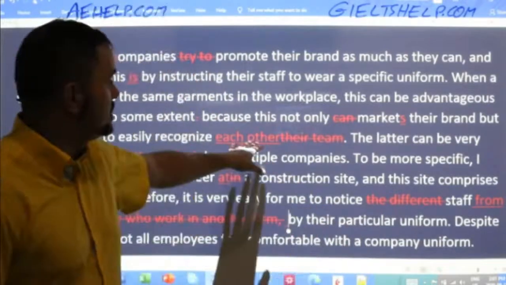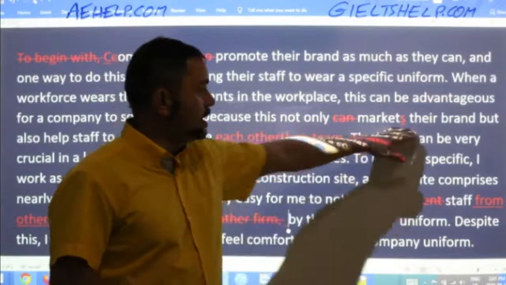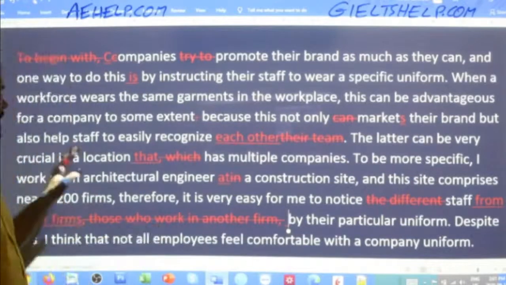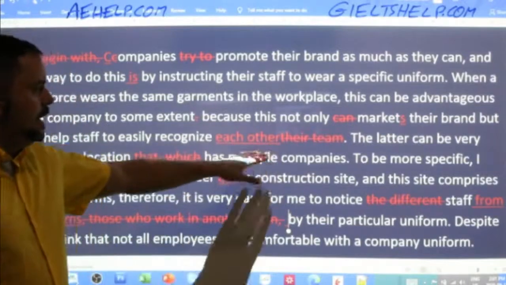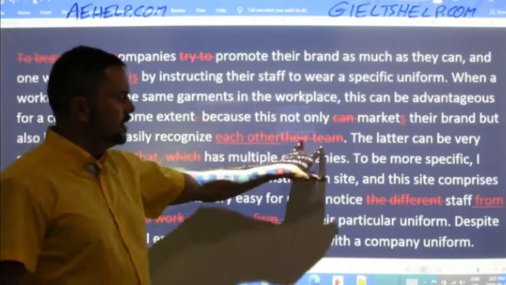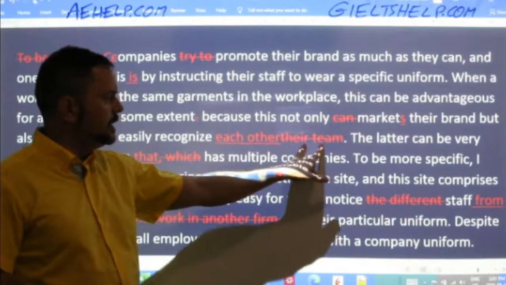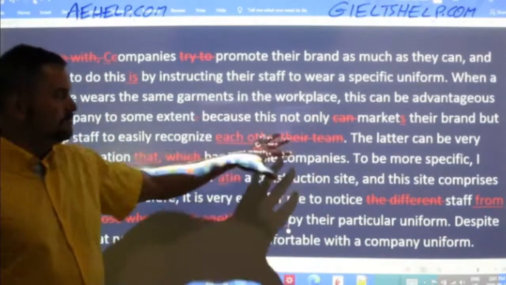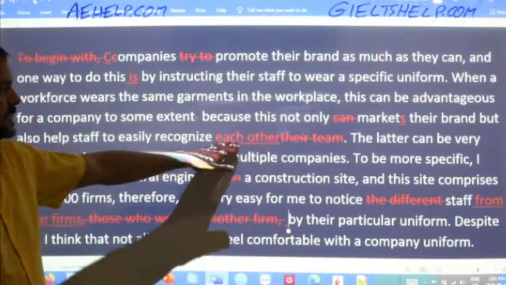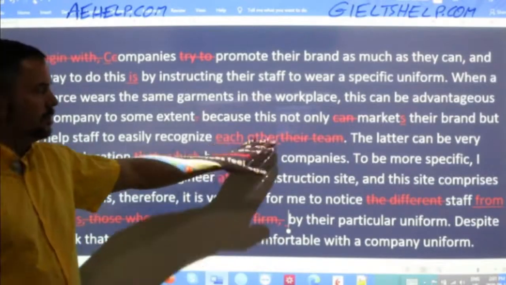So this not only markets their brand, but also helps staff to easily recognize each other. Okay. "Their team," I think, is a little bit awkward here because it's not just their team, it's each other. So this is more of just sounding natural and a little bit more accurate.